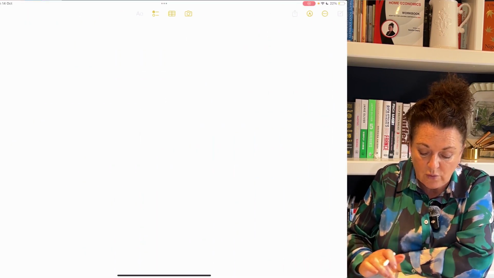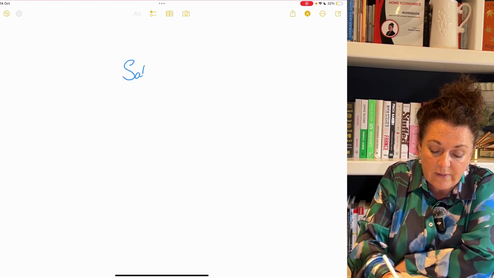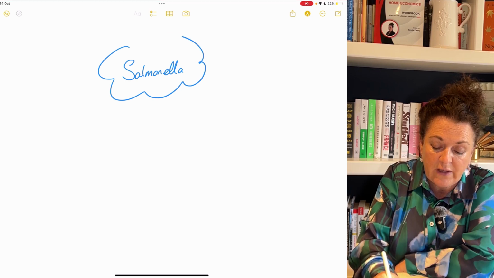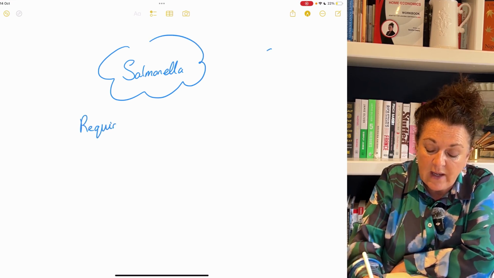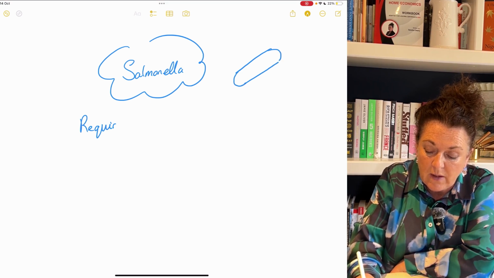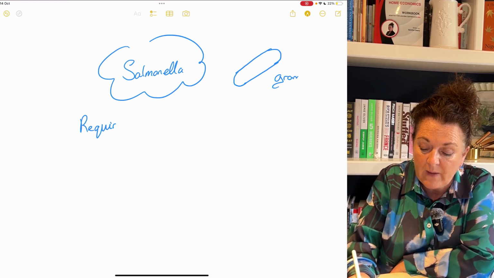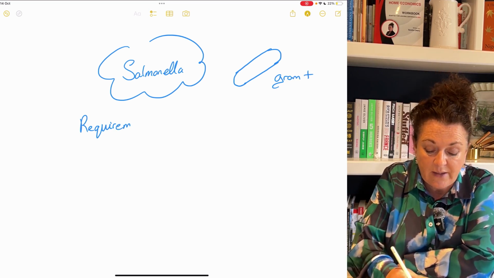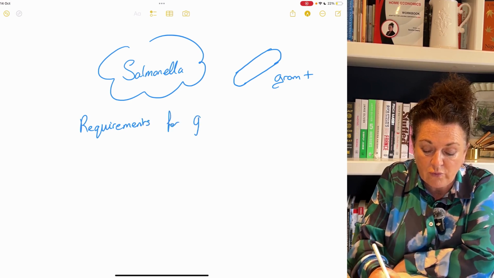So if we just go and look at our notes here, what do we know about Salmonella? Just say, for example, we're talking about the requirements for growth. Salmonella happens to be rod-shaped, has no flagellae, so it is a gram-positive bacteria, and we have 5 requirements for growth.